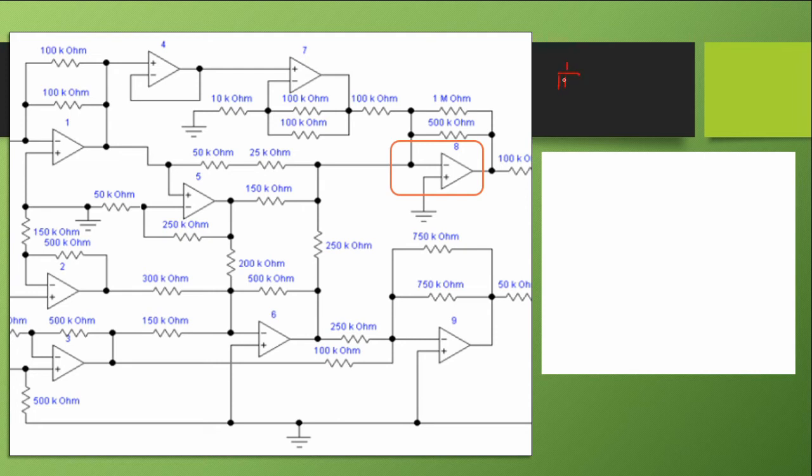How do we find the equivalent resistance in parallel? 1 over 1 meg, or 1 times 10 to the negative 6, plus 1 over 500 times 10 to the power 3, and then we invert. That is our RF.